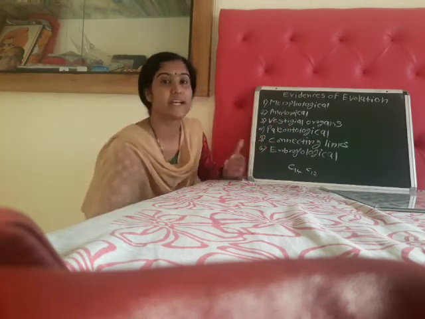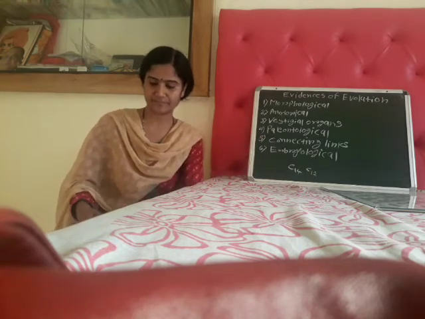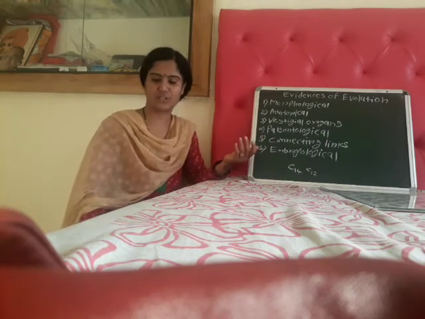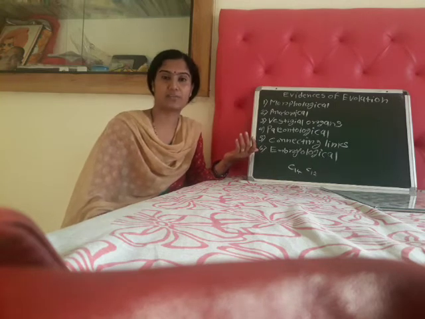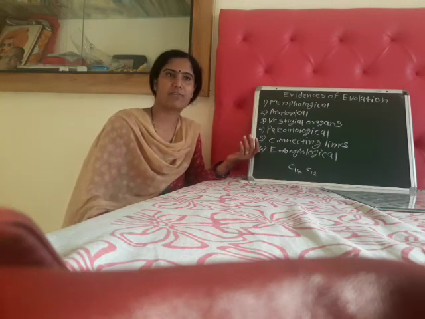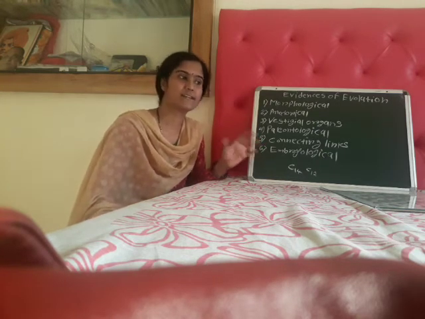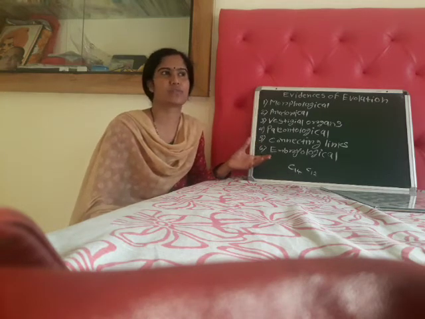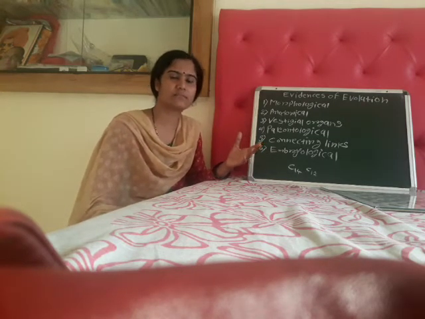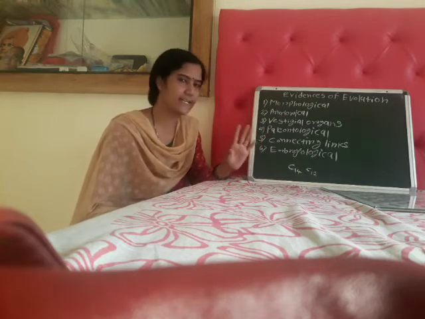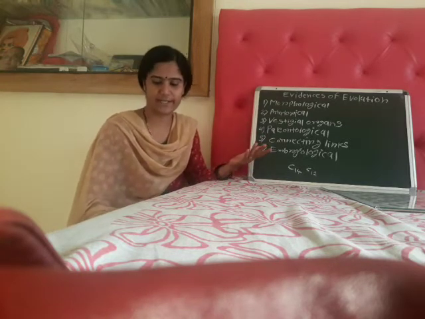Next are the connecting links. You see the pictures of duckbill platypus, lungfish, and peripatus in our books. What are the similarities between two groups in a single animal? That shows the connecting links.